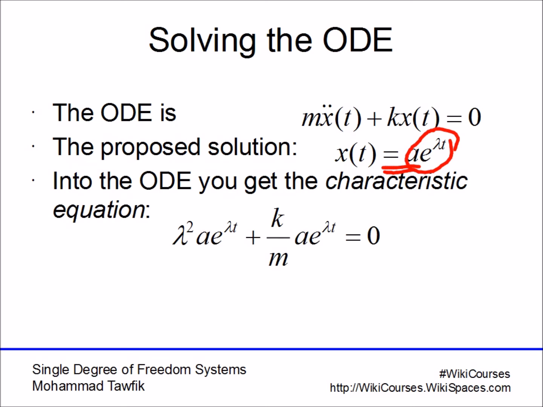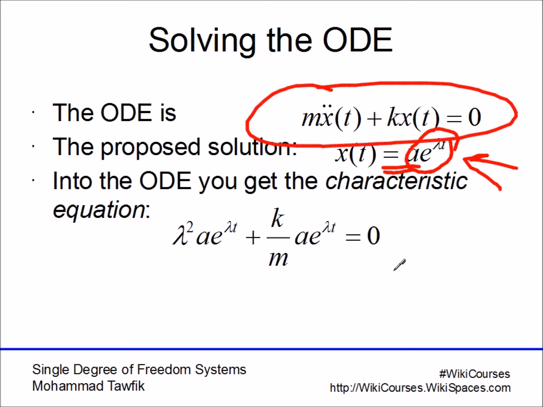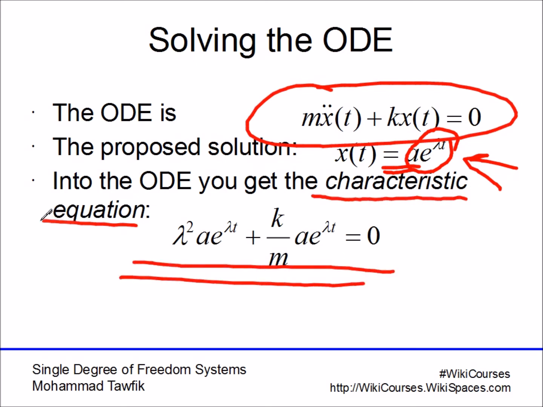Now, differentiating this term twice and substituting back into the differential equation, we obtain the characteristic equation. As you can notice here, A will fall from the problem because A can never be 0. If it's 0, of course, we have no solution. And e to the power lambda t can also be taken as a common factor, and generally speaking, e to the lambda t is not equal to 0 all the time.